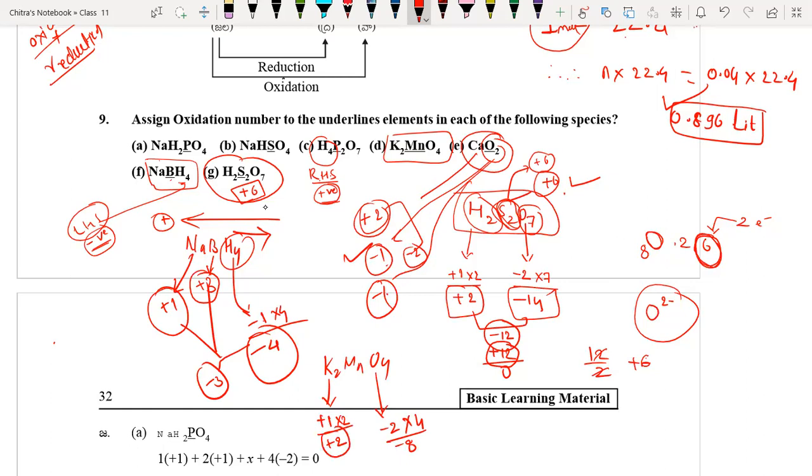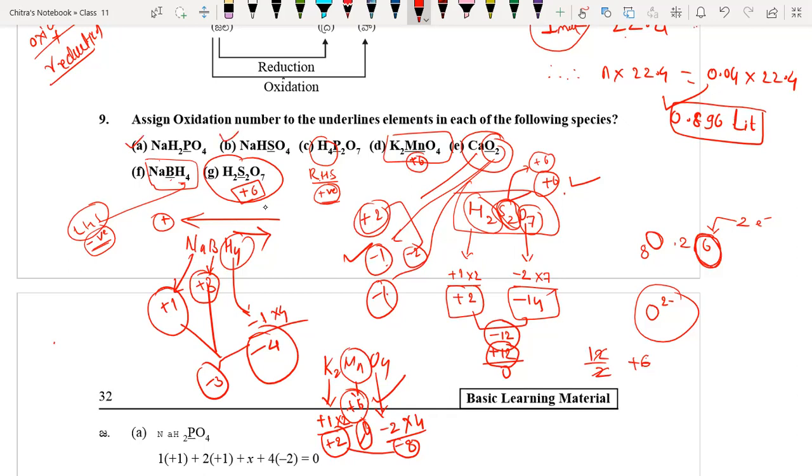Now we compare +2 and -8, so we have -6 charge. That means Mn will acquire +6 charge. Understood? So on Mn we have charge +6.